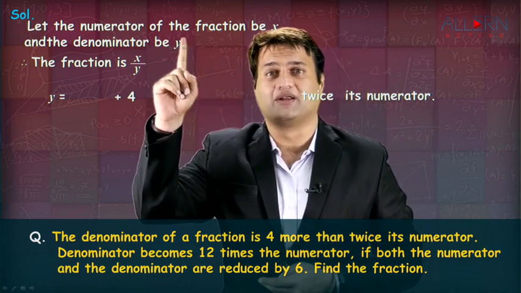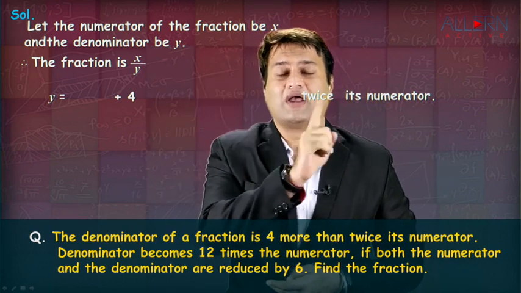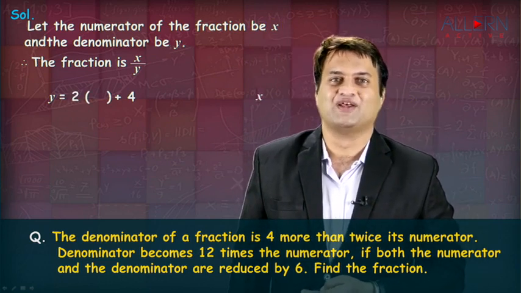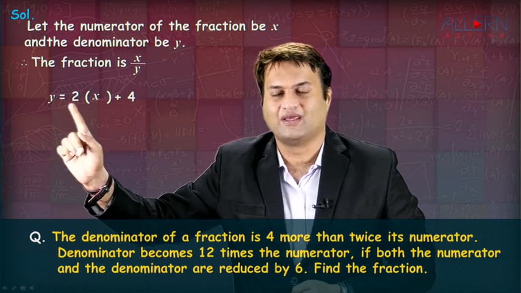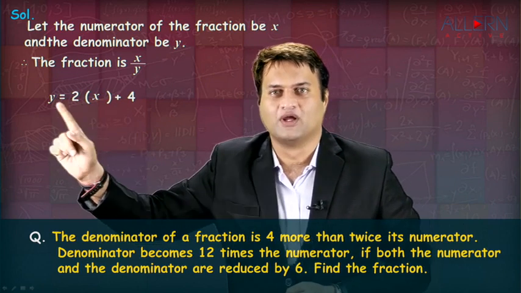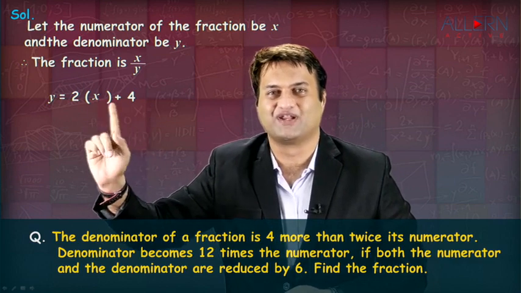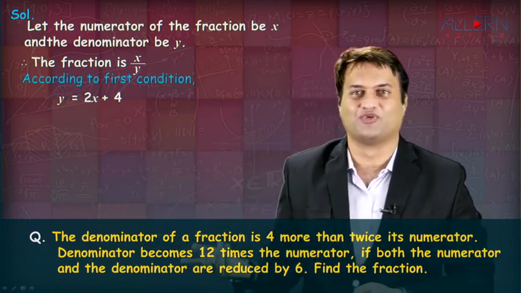Twice the numerator. What is the numerator? x. Twice the numerator meaning 2 into x, right? So, the equation is y is equal to 2x plus 4. Denominator of a fraction is 4 more than twice the numerator. y is equal to 2x plus 4.